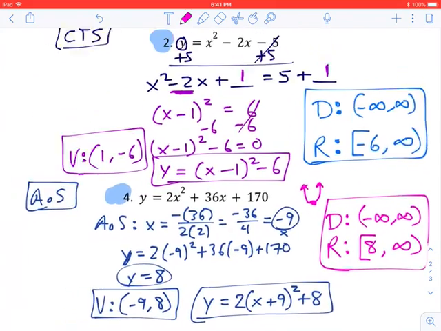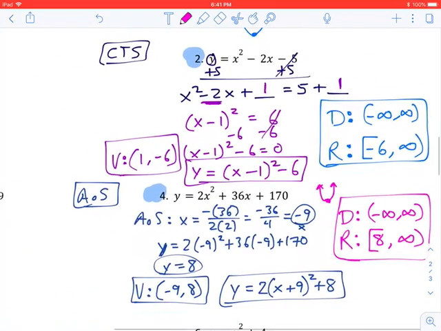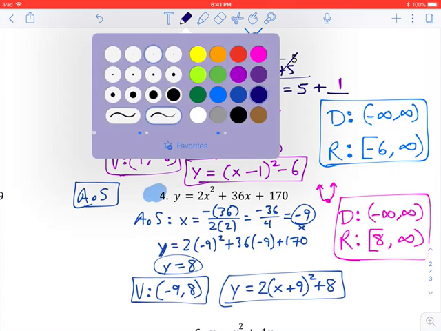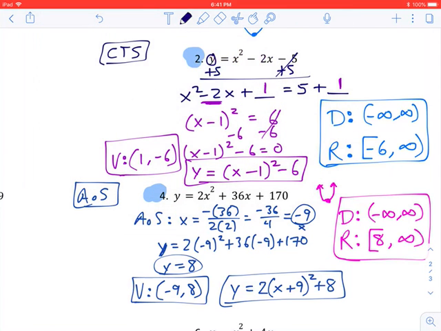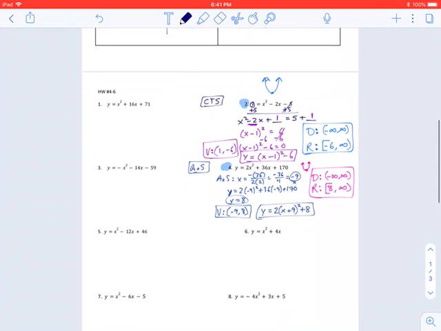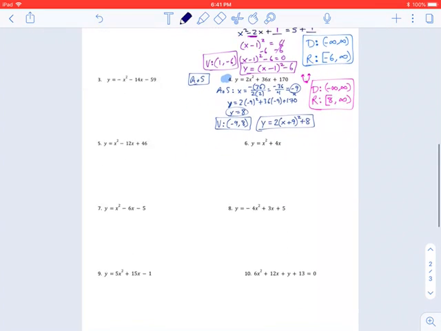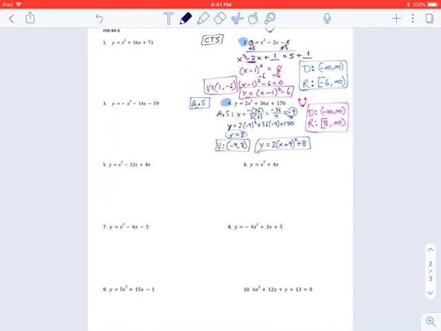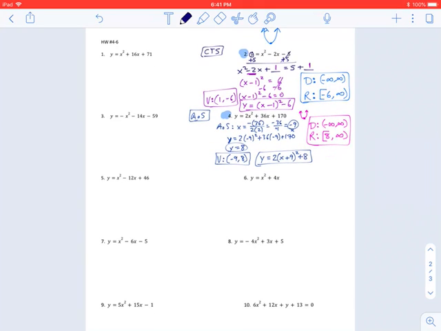So what you're going to do for homework is that exact same concept. You find the vertex, the vertex form, and domain and range for all of these remaining problems. Some of you are working ahead and getting those 10 problems done. If you're finished with those, all you need to do is do the domain and range.